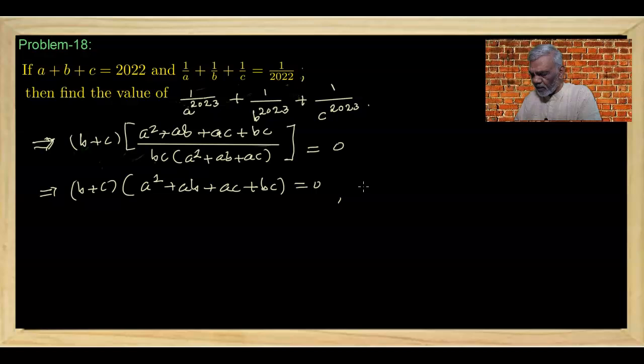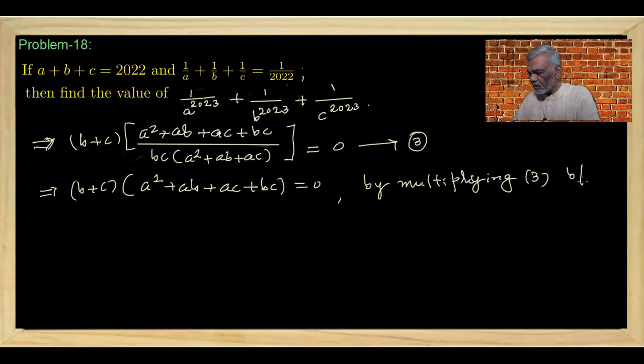This we got by multiplying, and let me call this 3, multiplying 3 both sides by bc into a square plus ab plus ac.